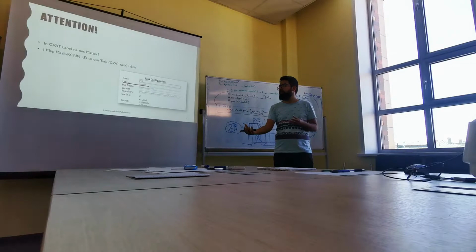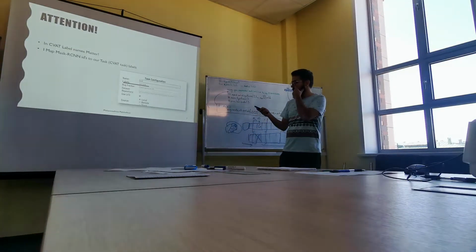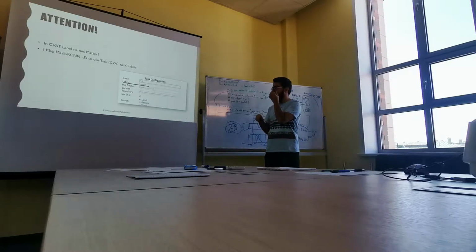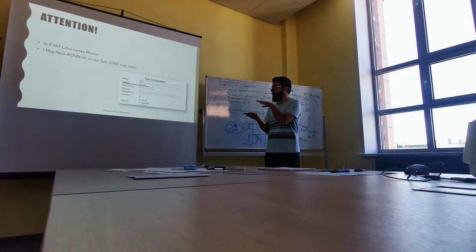So the labels of the model are different from the labels we defined here. So it needs to be mapped. And other objects detected by our network are cancelled, and we won't have them in our CVAT project.